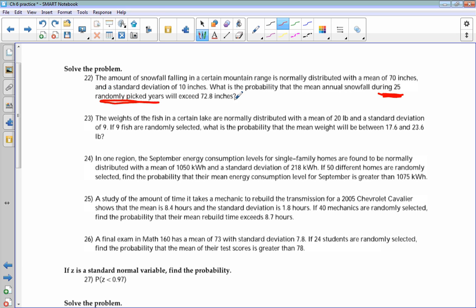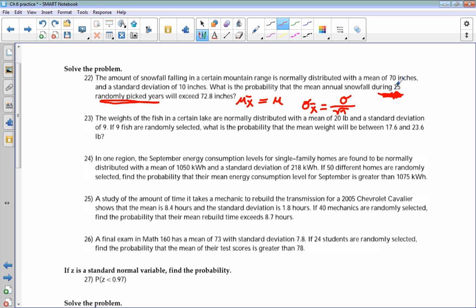What's nice is that mu of the samples is equal to the population mu. However, the standard deviation of the samples is equal to the standard deviation divided by the square root of n, and n here would be the number of the ones I'm taking.